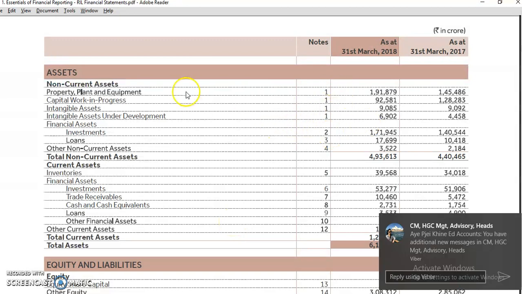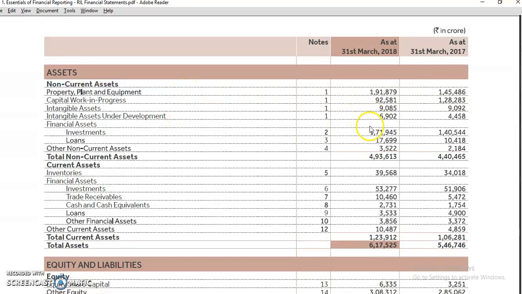So the users of financial statements need to be careful and see the materiality first: is the figure material to make the decision?